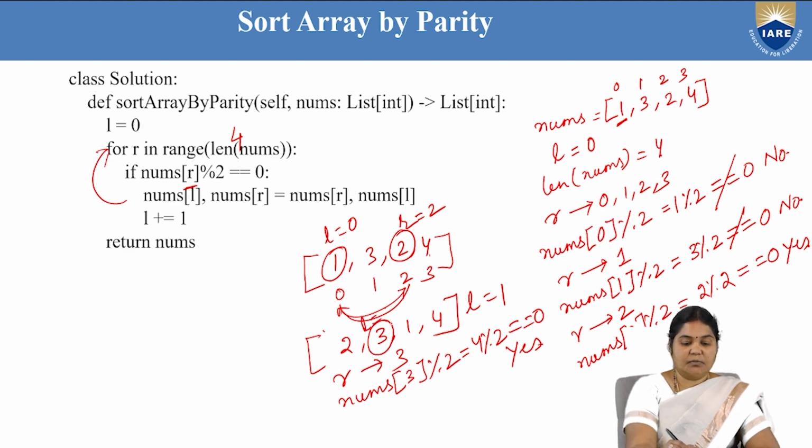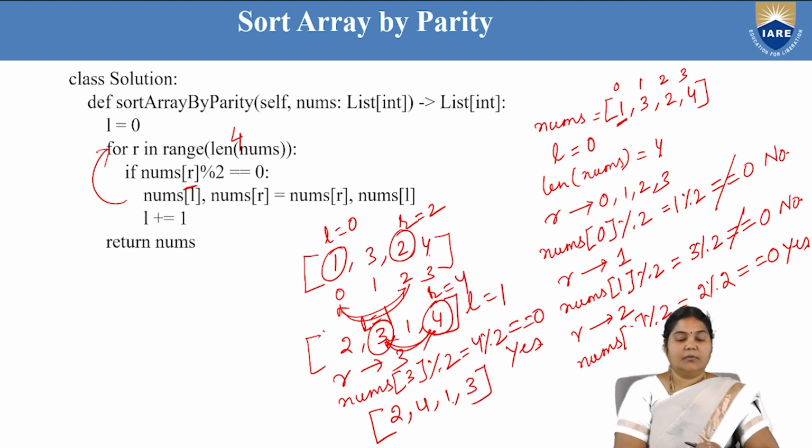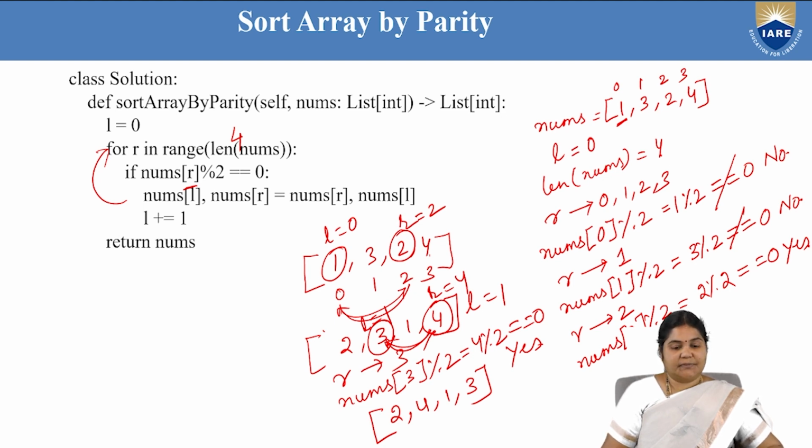This is L equal to 1, and this is R equal to 3. These two must be swapped now. So finally my list will look like 2, 4, 1, 3. This is the way we have to solve this problem. I hope this problem is understood. Let us move on to the next question.